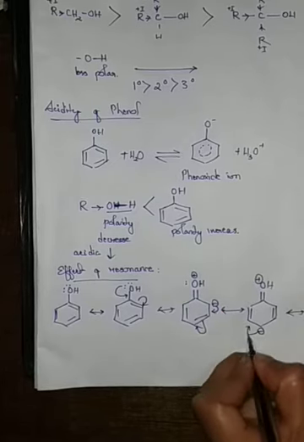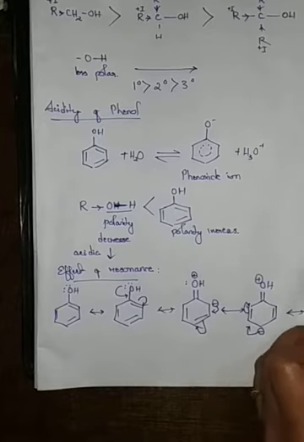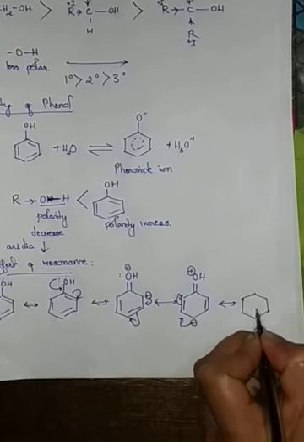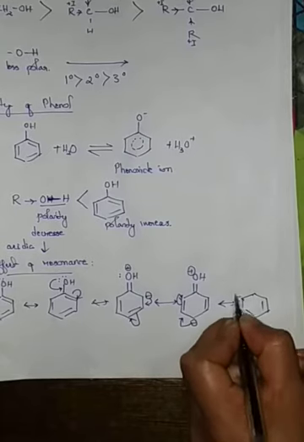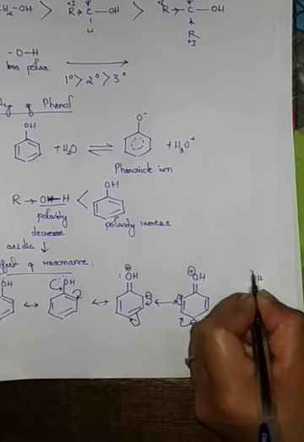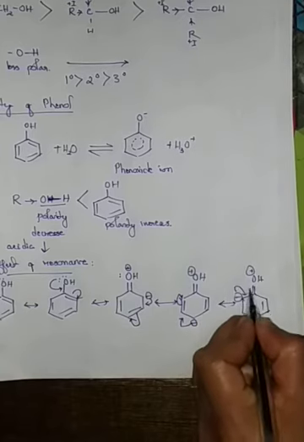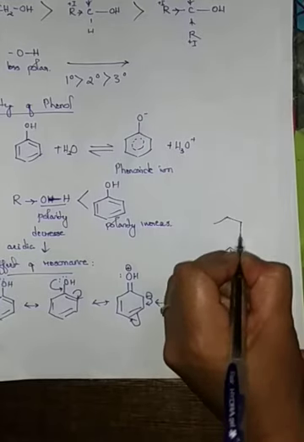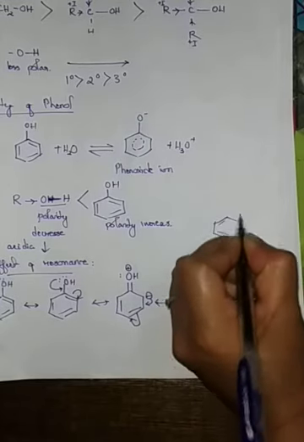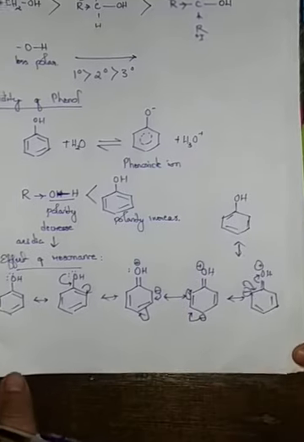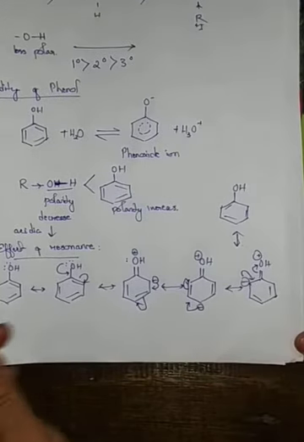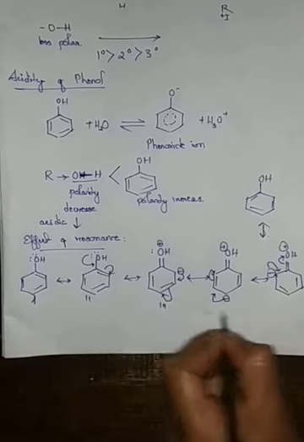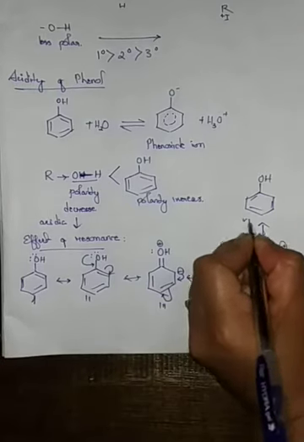Again, if this shifts, this will go here, and then we'll be getting the next structure. Now if this comes, the electron goes back, and we will be getting back our phenol. Now in these resonating structures, this is structure 1, this is 2, 3, 4, 5, and 6.